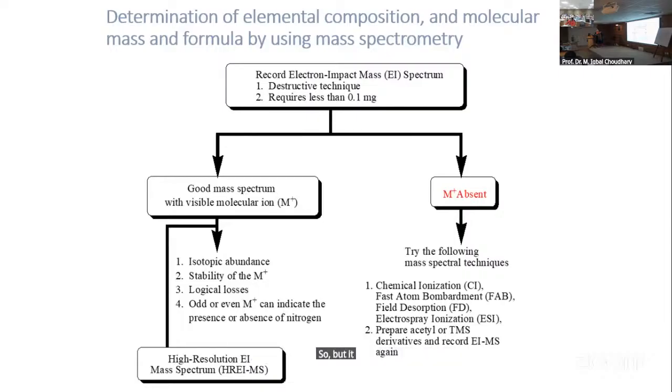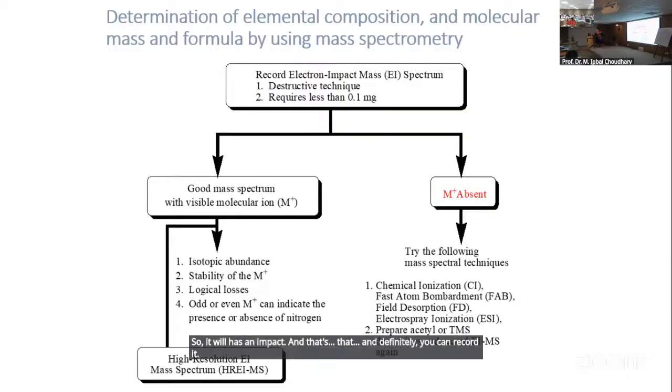It has a strong impact on the carbons and protons that directly link to this particular metal, and it might cause a very strong upfield shift. It depends on which metal you are using. If it also has a magnetic property and you are putting your sample in the big magnet, it will have an impact, and definitely you can record it.